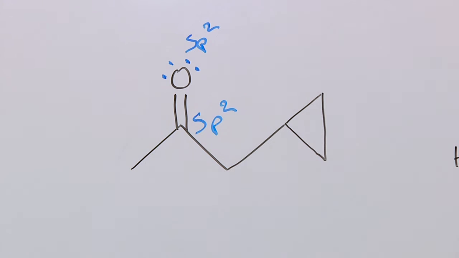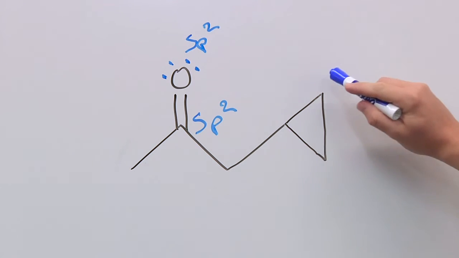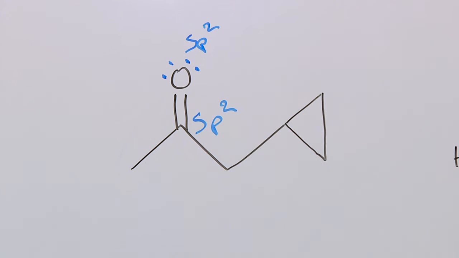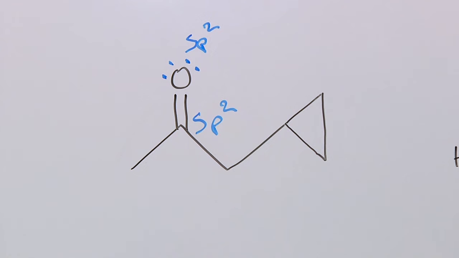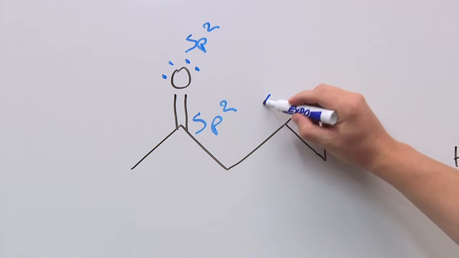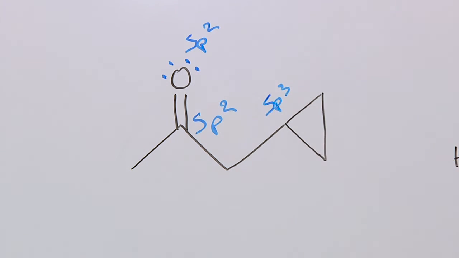Now let's look at this carbon here. The hybridization of this carbon, we have 3 carbons bonded to it and 1 hydrogen. So again, we know that's 4 bonds, all of them are sigma, so this is an sp3 hybridized carbon.